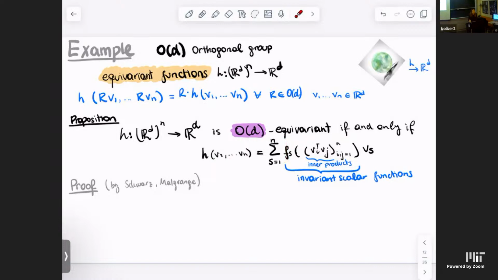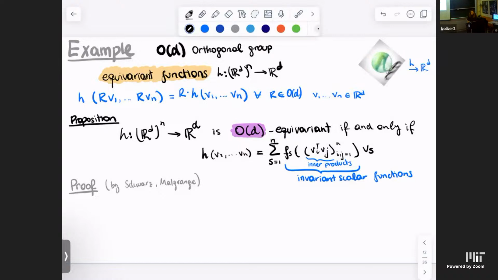This is true for OD, but for the other groups, you may have a different formulation, but you can use these ideas. If you want, let's see how much time I have, I can write a short proof of this, or maybe I can do it in the end if people are interested.